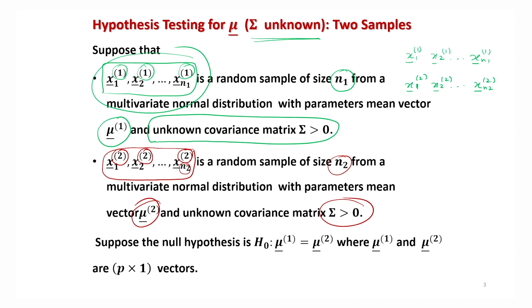Now we are interested in conducting the test of hypothesis for the equality of two mean vectors, that is, my H naught is mu1 equal to mu2. You can see both mu1 and mu2 are p cross 1 vectors.